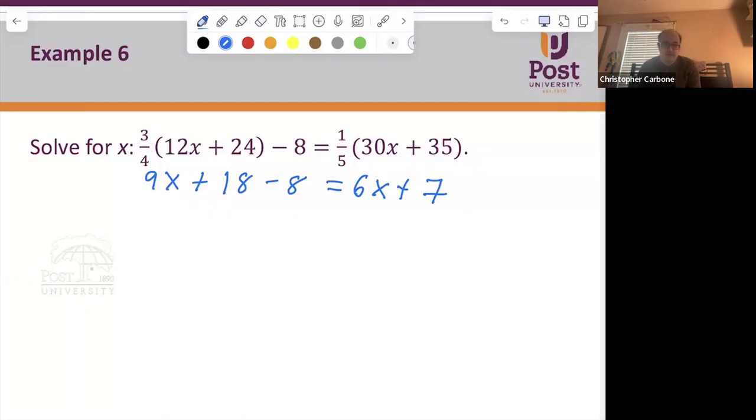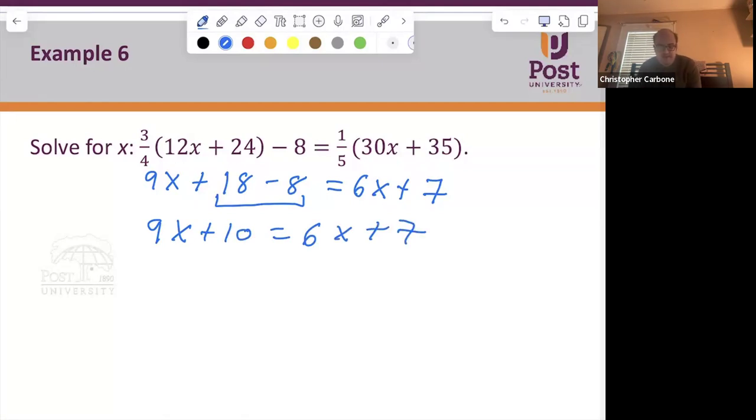So 9x plus 18 minus 8 is equal to 6x plus 7. The 18 and the negative 8 can combine on the left-hand side to make 9x plus 10 is equal to 6x plus 7.